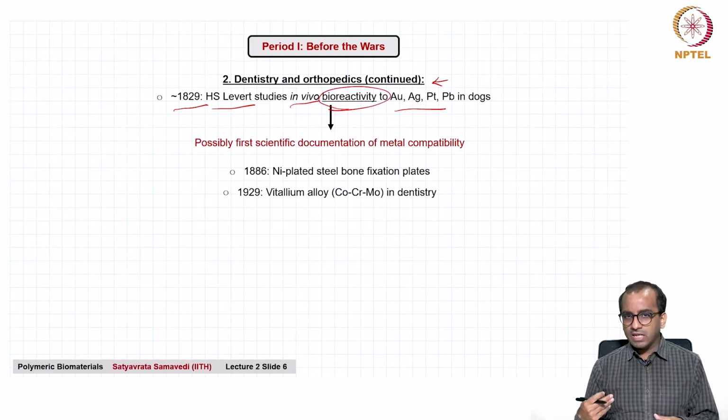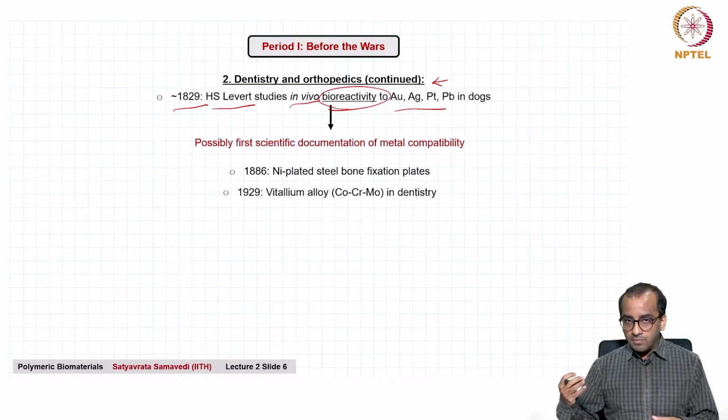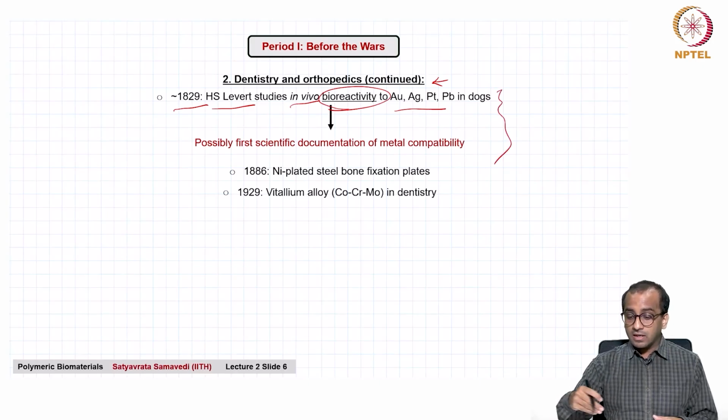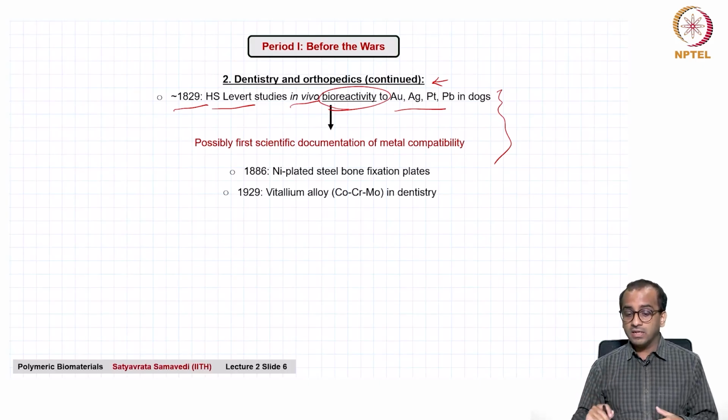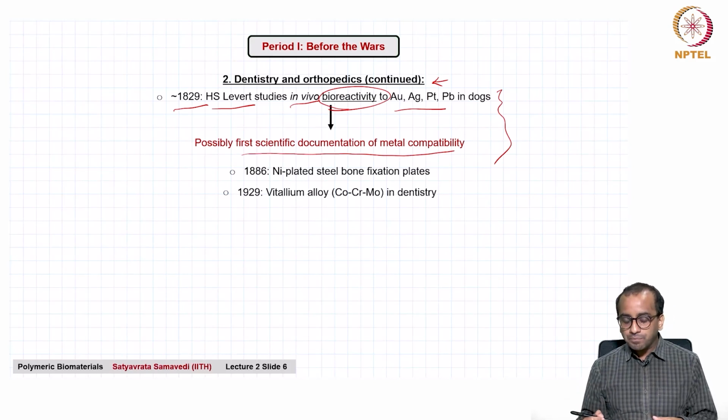What bioactivity means, we will look at in far more detail in subsequent lectures. But what is important to note here is this represents a shift in mindset, going from implanting whatever you have around you and making it functional, versus a clear hypothesis-driven study, where Levert is implanting these metals to specifically study in vivo bioreactivity, and this is possibly the first scientific documentation of metal compatibility.